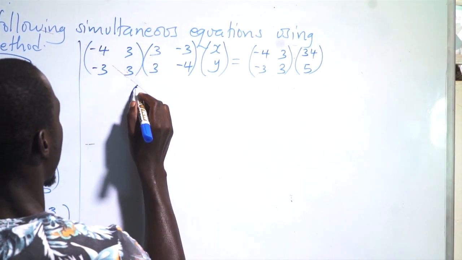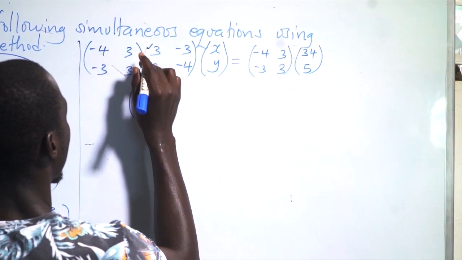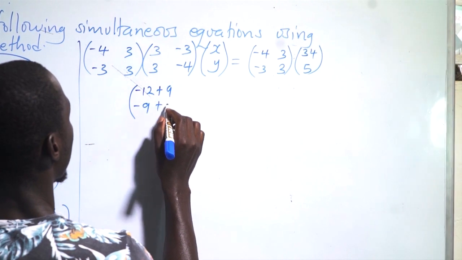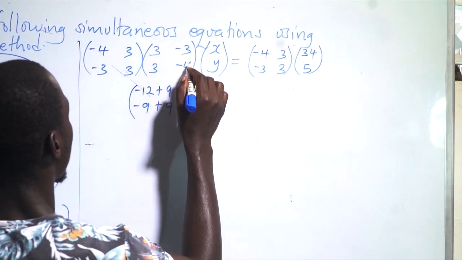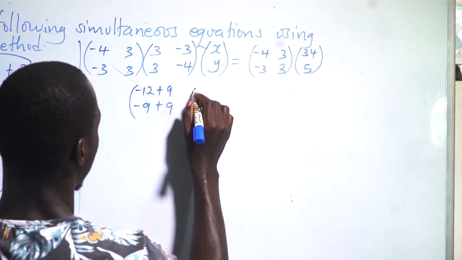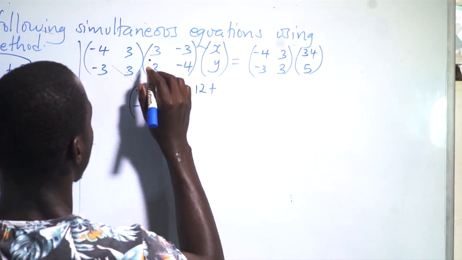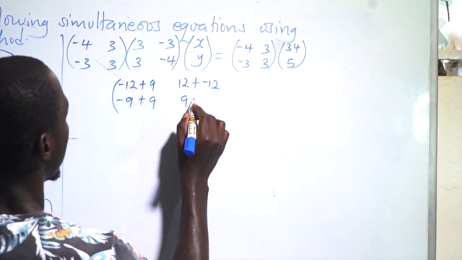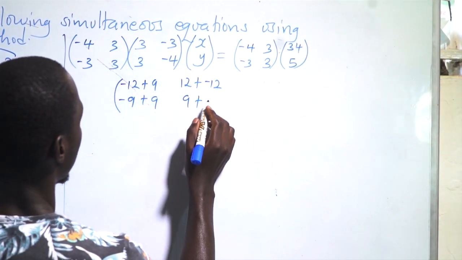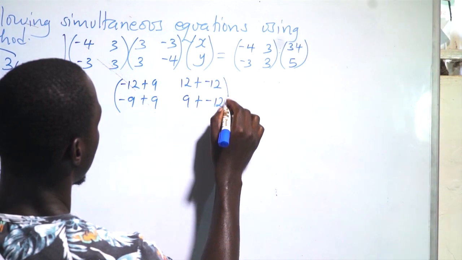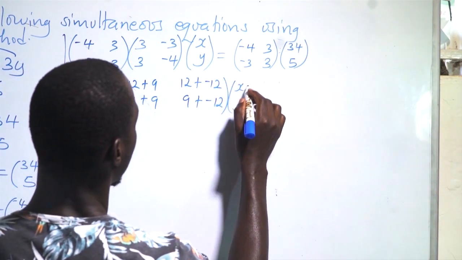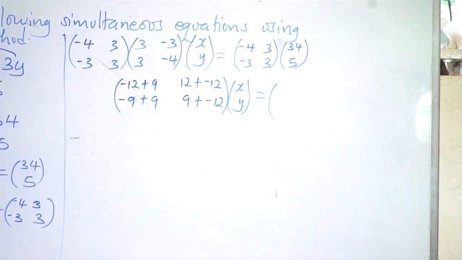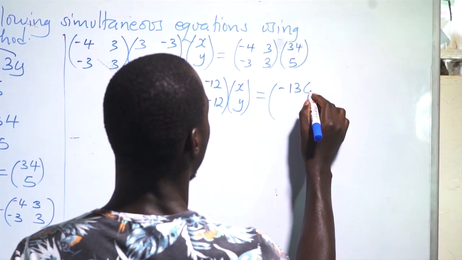So this is going to be negative 12, then plus 9, then negative 9, then plus 9, row by column, positive 12 plus negative 12, a positive 9, then plus a negative 12 times xy is equivalent to, here when I multiply, that is the negative 1.